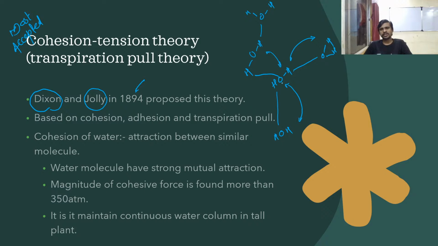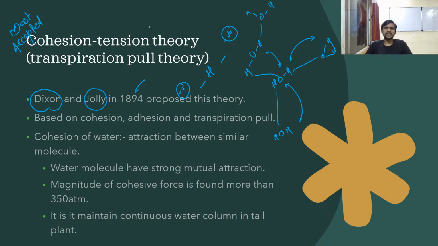Why is a hydrogen bond formed? When hydrogen comes between two electronegative components, for example, here is one strongly electronegative element and here is another. That time hydrogen makes a bond between both molecules, and this bond is called a hydrogen bond.